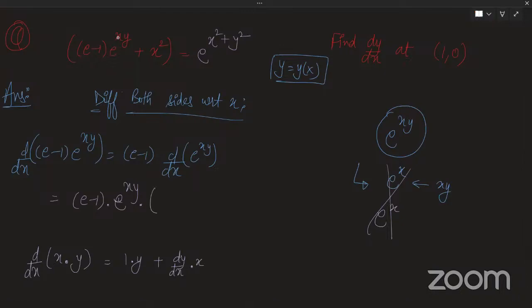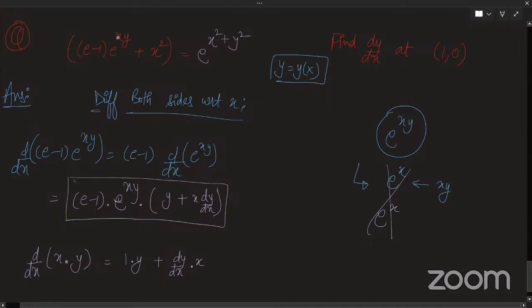So the next term that I get is y plus x into dy by dx. This is the derivative of the first term. The immediately next term that I have is x square. What is the derivative of x square? 2x. Really simple.